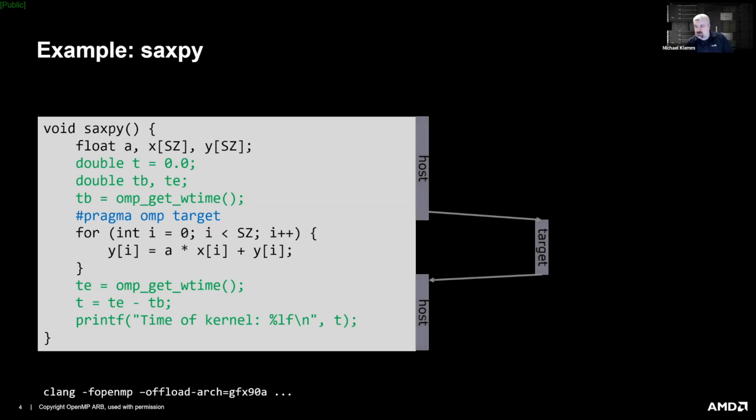So the encountering thread at some point will reach this OpenMP target directive. It will send control flow over to the target device. It will run on the target device, and then it will come back after the closing curly brace, when the loop is done and the kernel has finished because of that, and then continue executing the green part down here, printing the timing part.